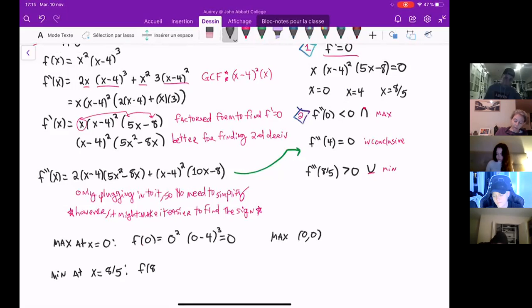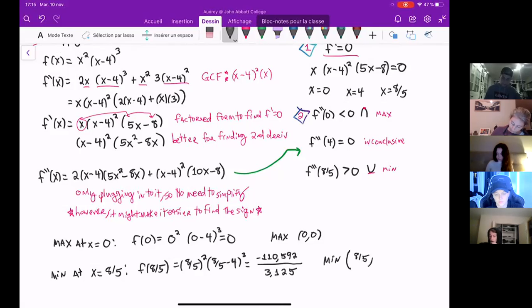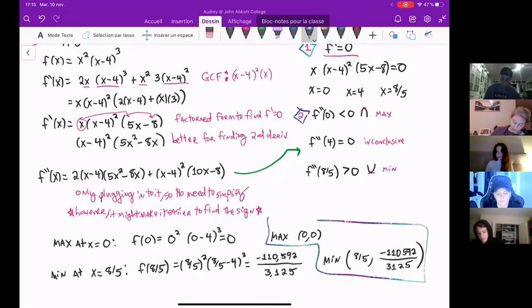So I'm looking at (8/5) squared times (8/5 minus 4) cubed, which I did for us because it's gross, negative 110,592 over 3,125. So my min is there. And this is my final answer.